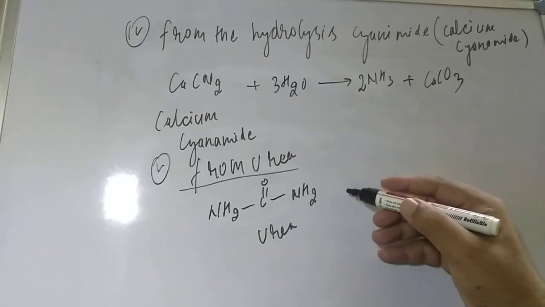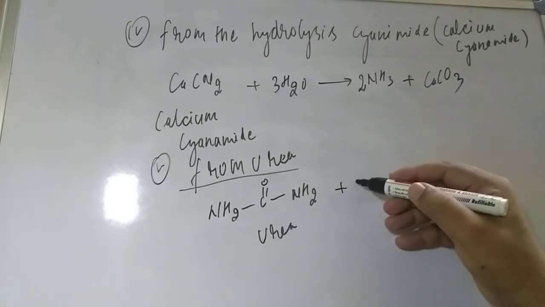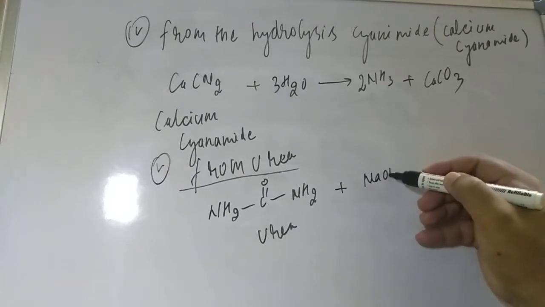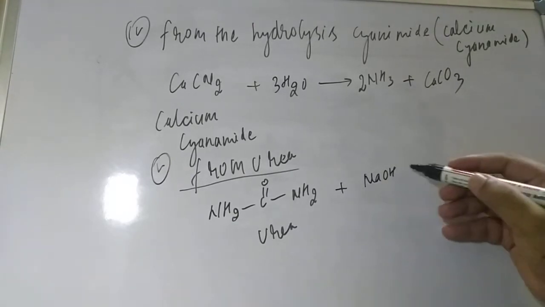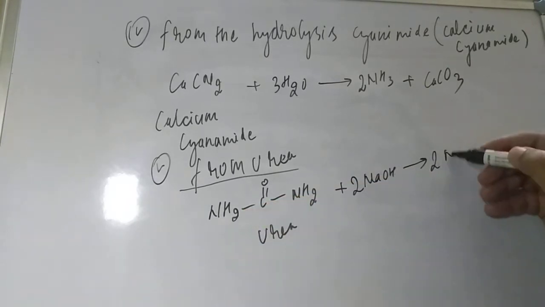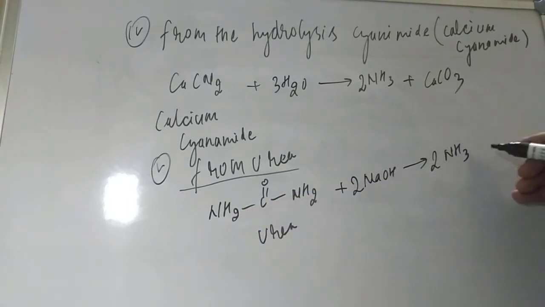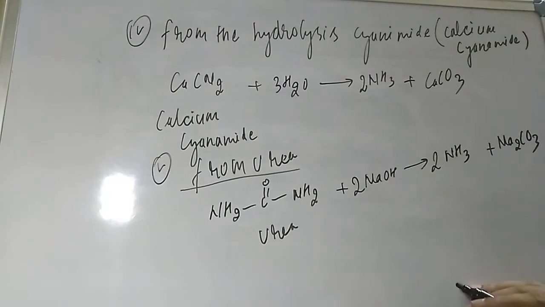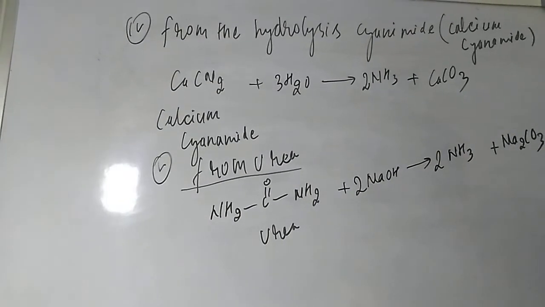If you treat urea with caustic soda, which is sodium hydroxide, then since there are 2 nitrogens, it gives 2 moles of ammonia, and along with it sodium carbonate, Na2CO3. So this is from urea also.